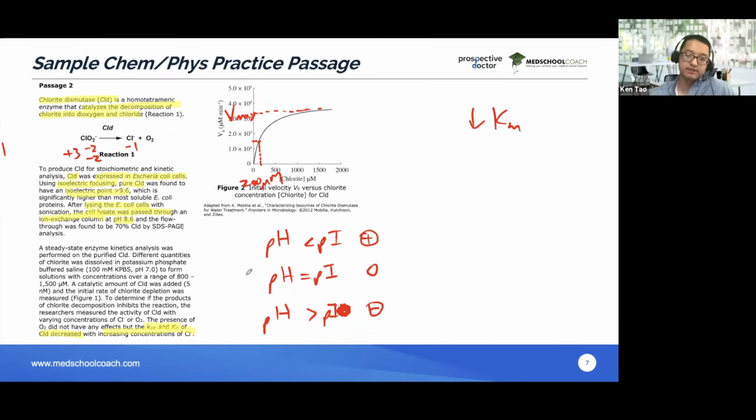We know what happens to Km, but do we have any information here about Vmax? And if so, where is that information coming from? Kcat, very good. So what's the relationship between Kcat and Vmax? There's a particular equation you want to know here.